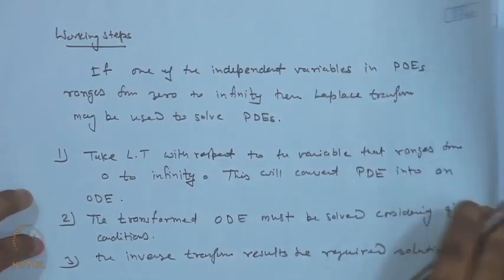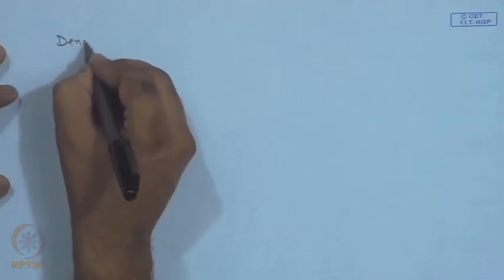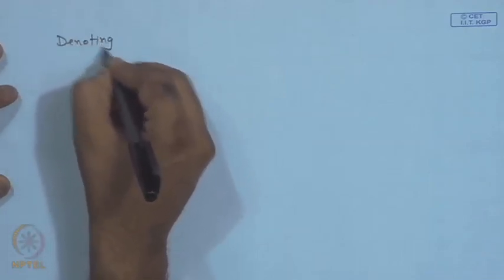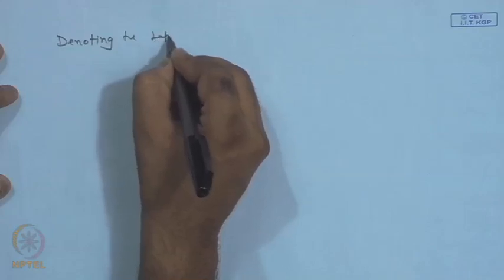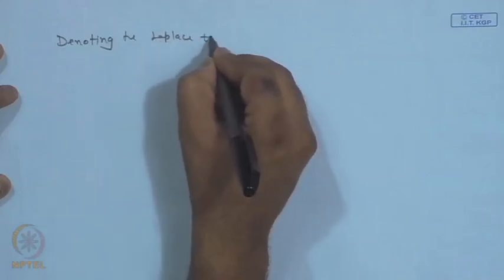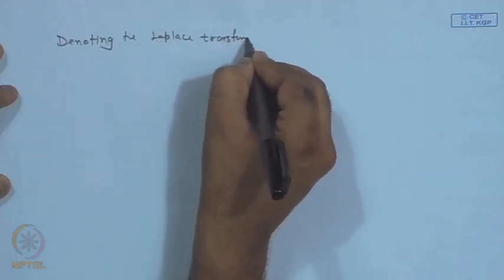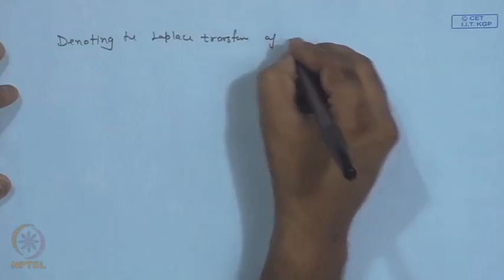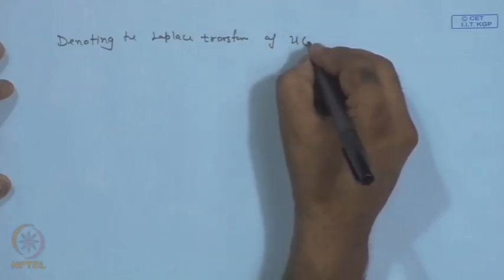So, before we move to demonstrate the application of the Laplace transform to a variety of partial differential equations, we need to address some points. We denote the Laplace transform of the unknown variable u(x,t).